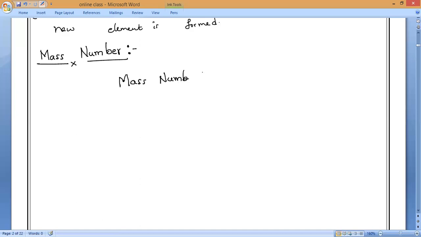The symbol of mass number is A, capital A, which is equal to the number of protons plus the number of neutrons.